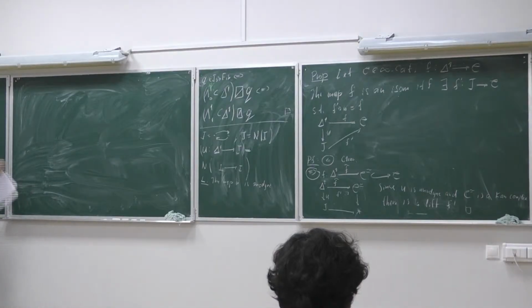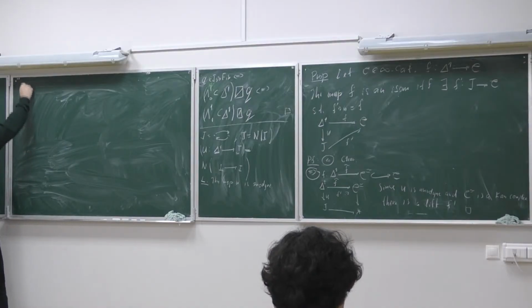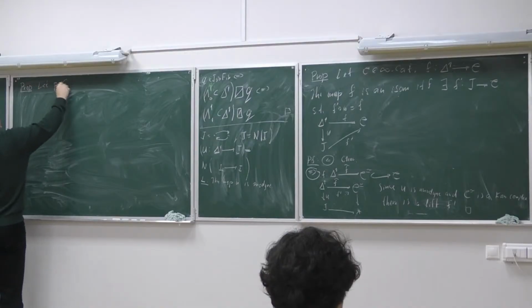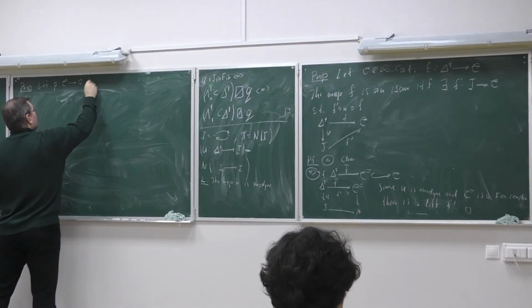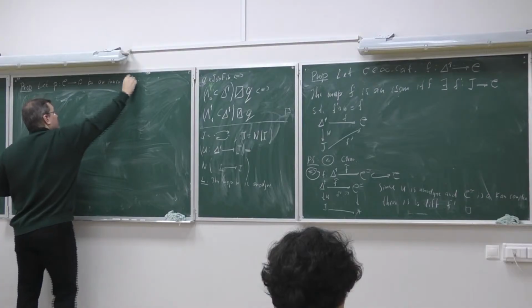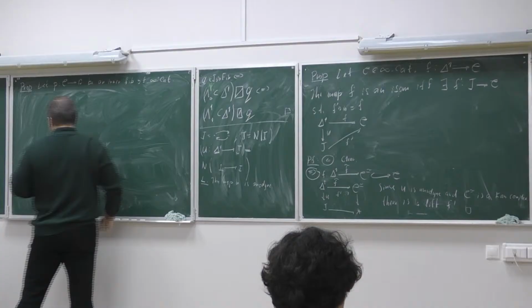So finally, here is the statement that I promised. I still have enough time. So the statement is the following. Proposition: let, as before, P be an inner fibration from C to D, an inner fibration of infinity categories.